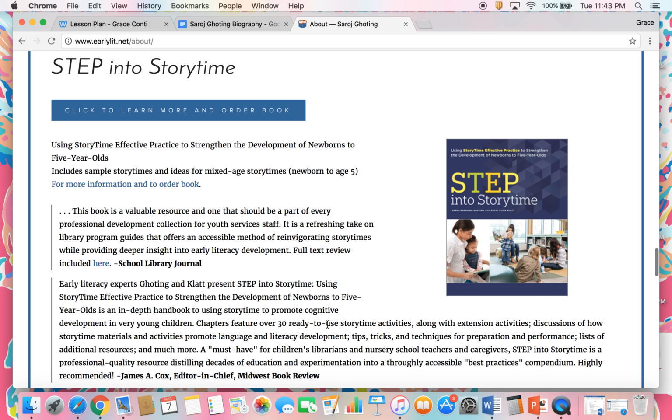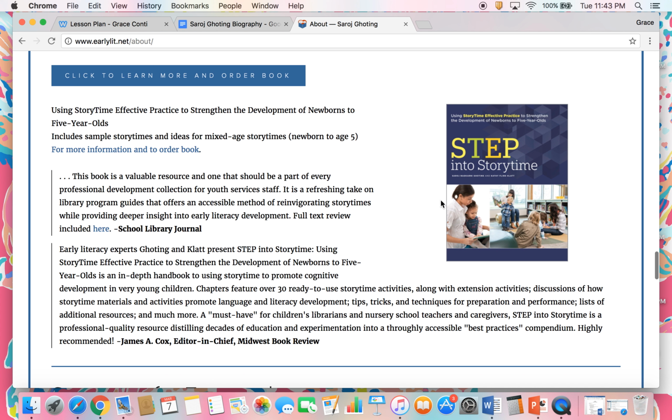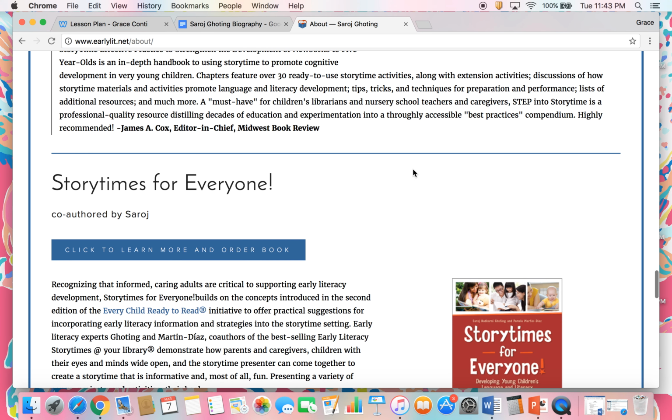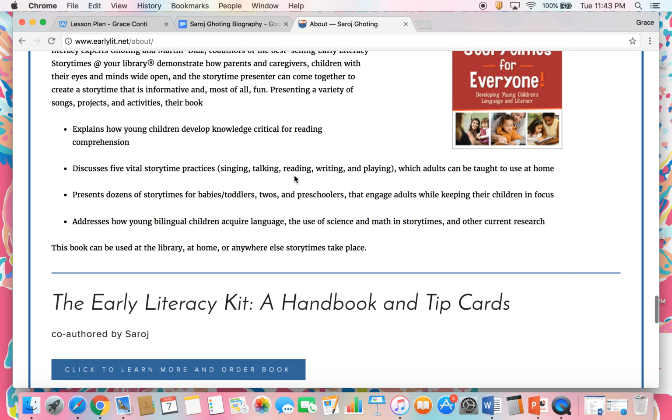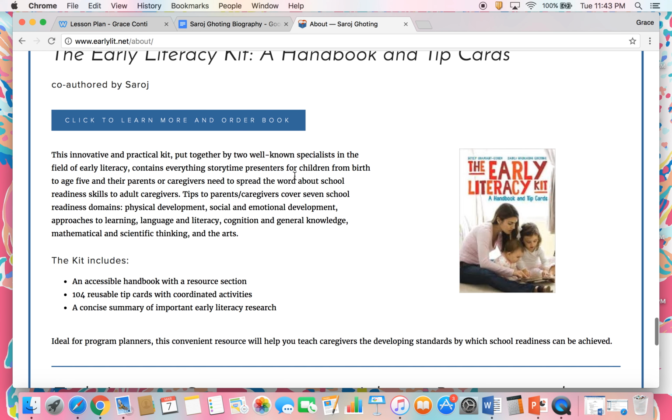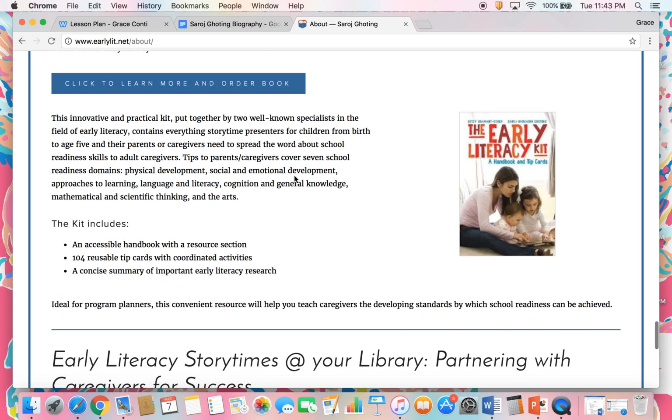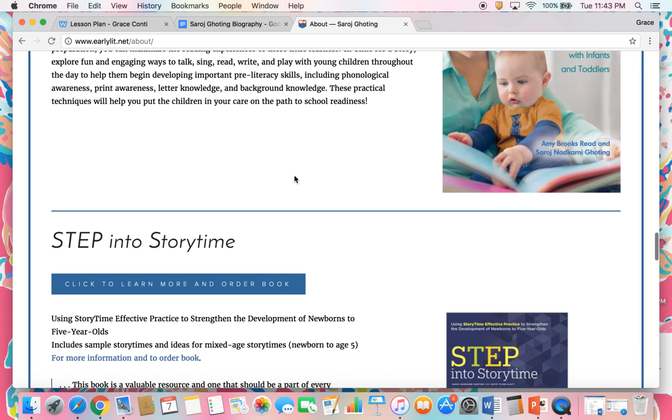Just tips about what you should be doing while reading a story. And she focuses on young children and their reading skills, which I think is important for my read aloud.